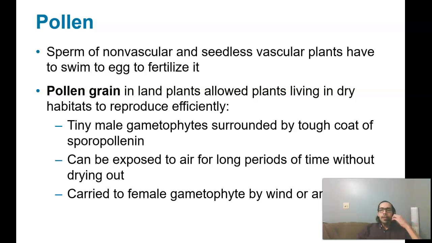The male gametophytes are surrounded by a tough coat of sporopollenin, and they can be exposed to air, and they can go without water for a period of time. This allows them to be carried to a female gametophyte, whether by the wind, if they're pollinated by wind, or by animals, like birds, insects, things like that.